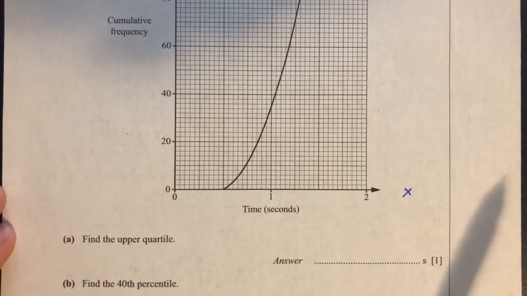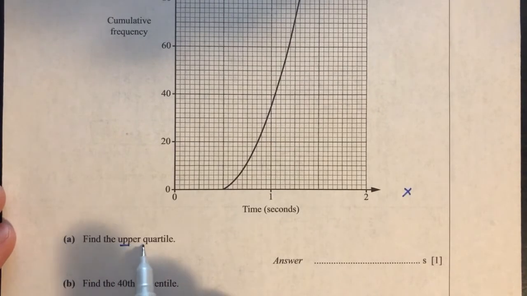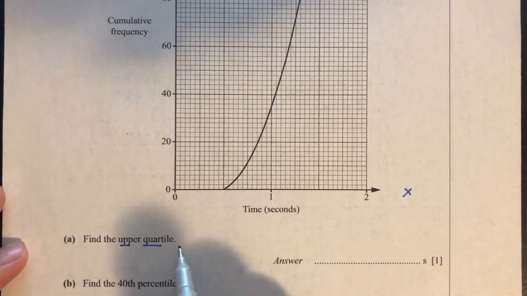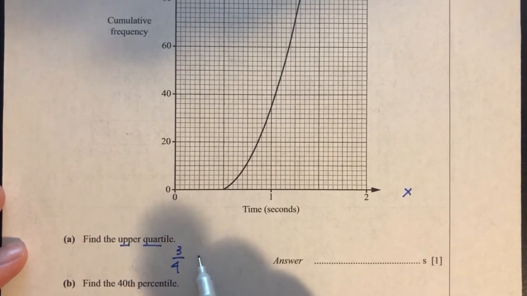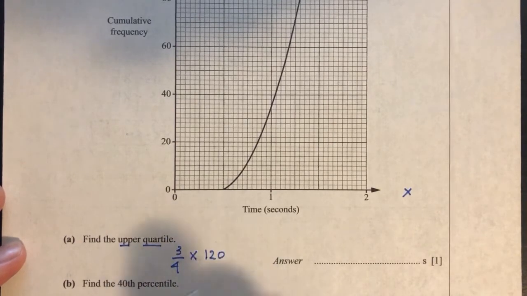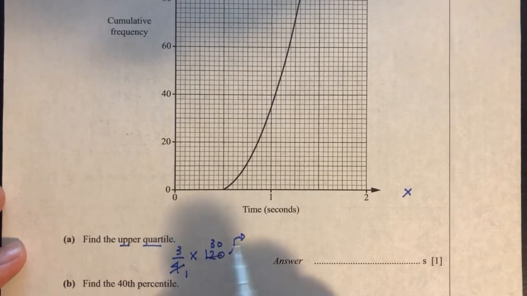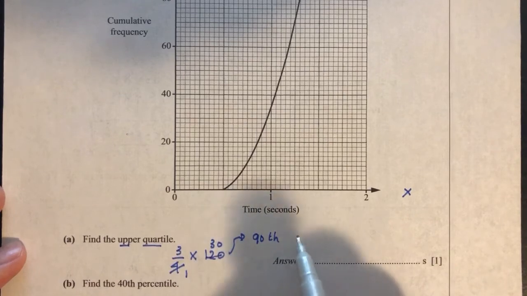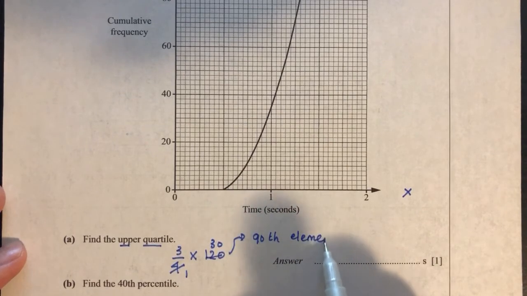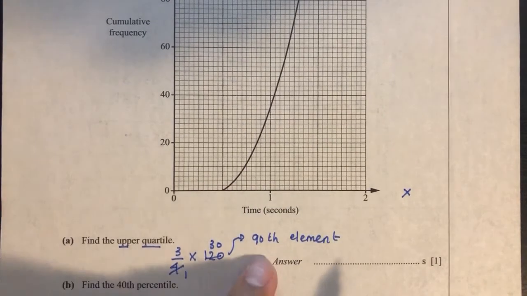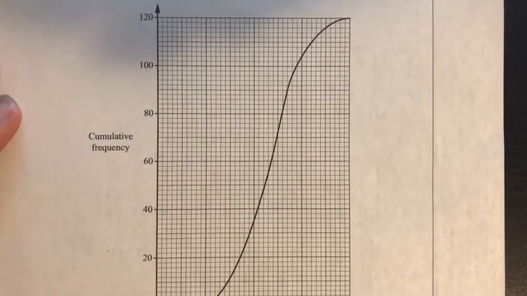So question part 1, find the upper quartile. Upper quartile is 3/4 times the number of runners, which is 120. That will give me 90, so the 90th element. So let's find the 90th element from this graph. So where is 90?